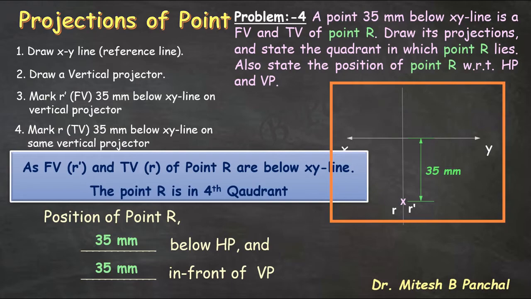So again here there are three solutions, that is first part, second part regarding the quadrant in which point R lies, and the third part is the position of point R with respect to HP and VP. So this one is the complete solution of the given problem, that is problem number 4.